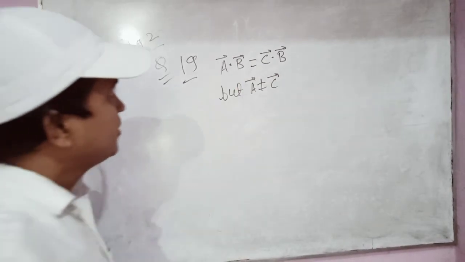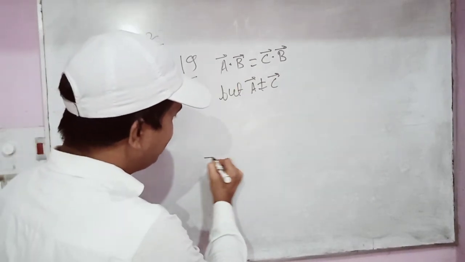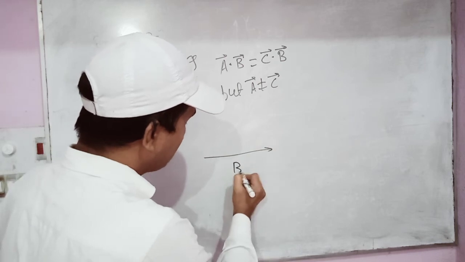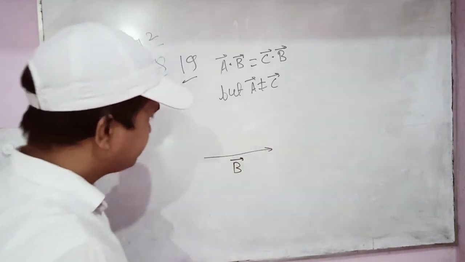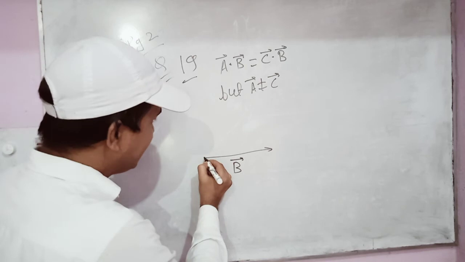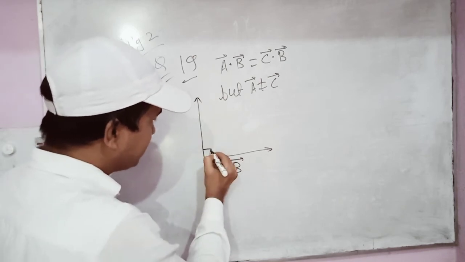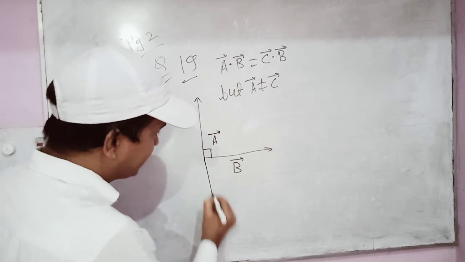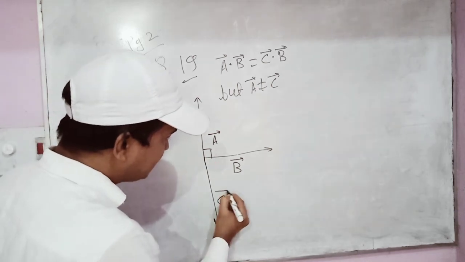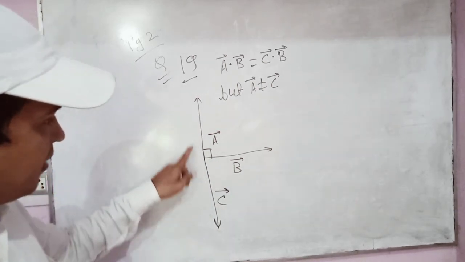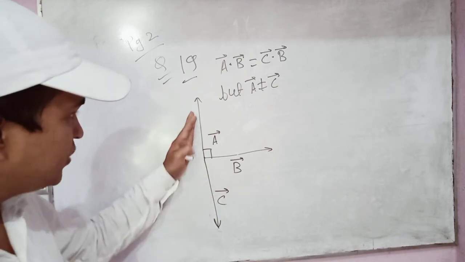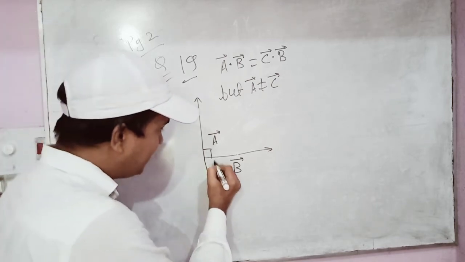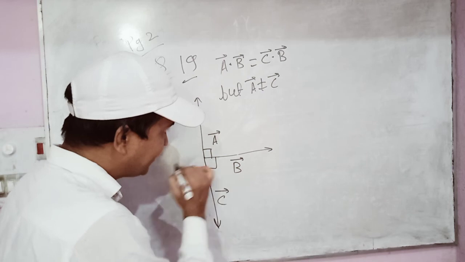Let this be the B vector, this is the A vector which is perpendicular to vector B, and this is the C vector. As we can see, A and C are different in magnitude and direction, so they are different vectors. The angle between C and B is also 90 degrees.